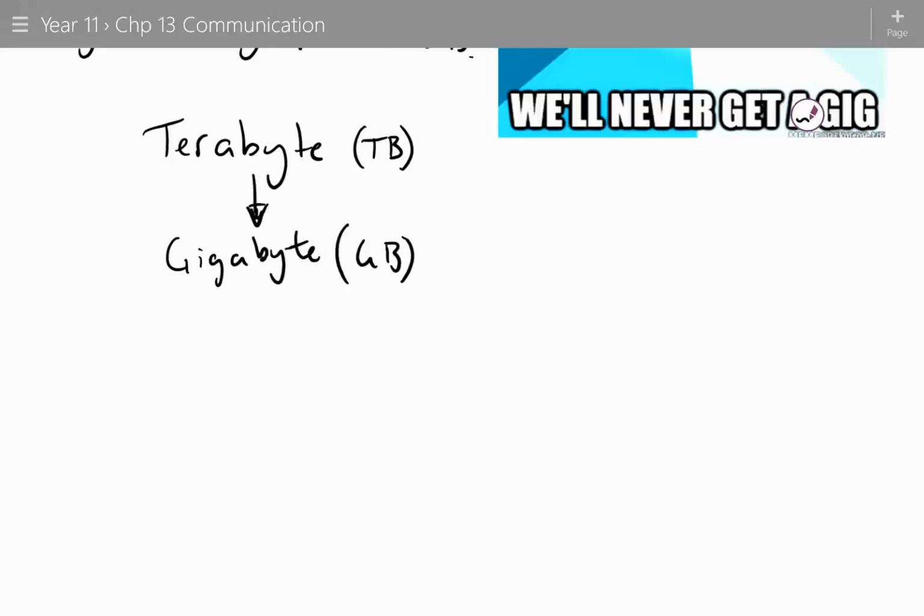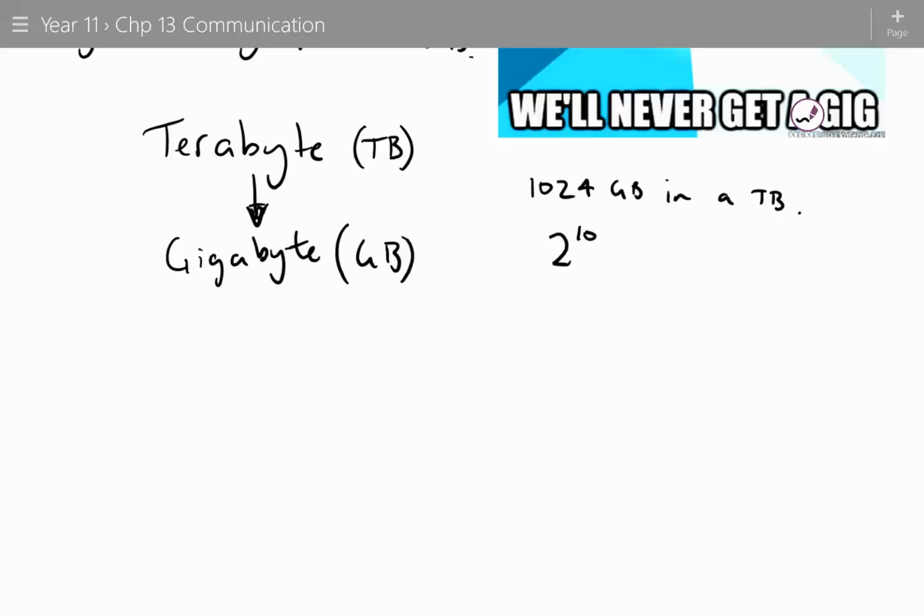So I can go from terabyte to gigabyte. And like I said before, it's commonly thought that a terabyte has 1,000 gigabytes, but a terabyte has 1,024. Now, 1,024 gigabytes in a terabyte. Instead of having to remember that, we just use the multiple of 2 to the power of 10.